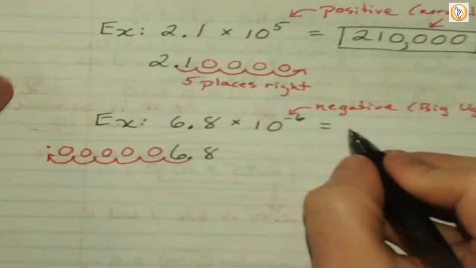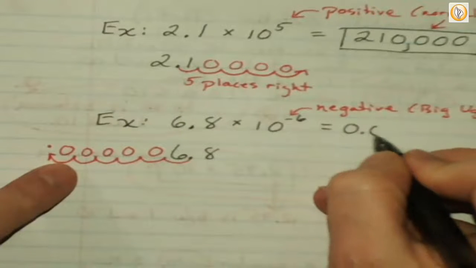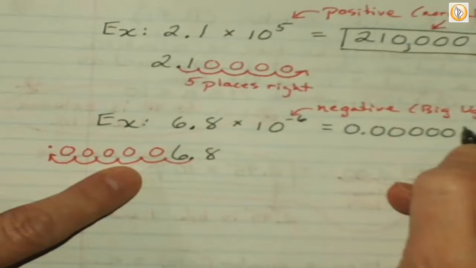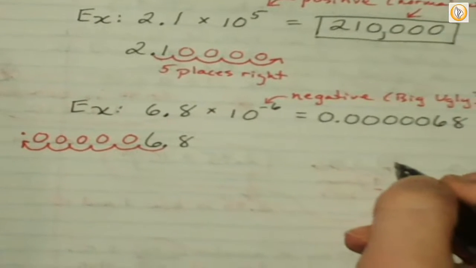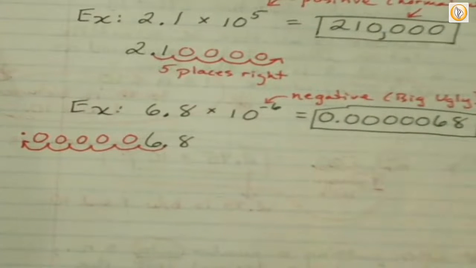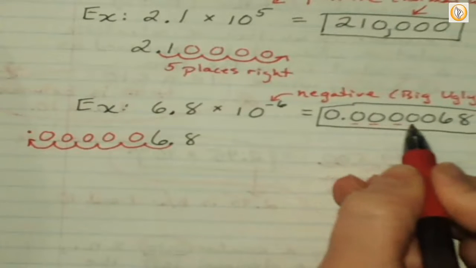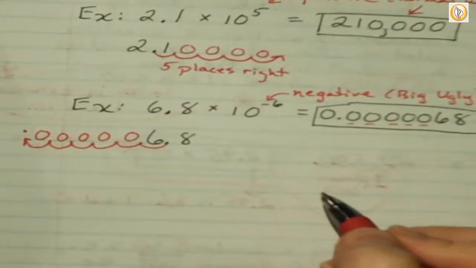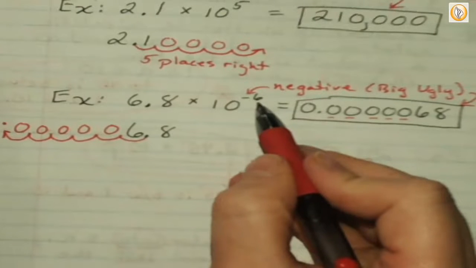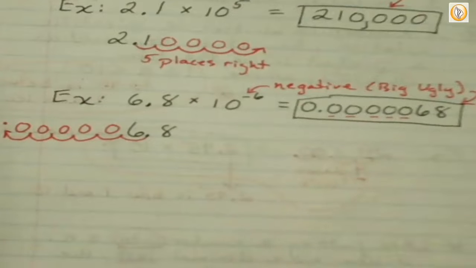So my answer is 0.0000068. There's 5 zeros here, and I have 1, 2, 3, 4, 5 zeros there. And yes, I will count your zeros. Do you see that this is big ugly? Negative exponent in the scientific notation, the regular number is going to be a big ugly.